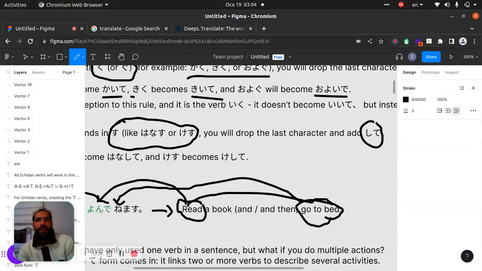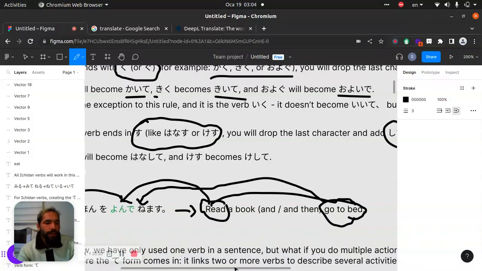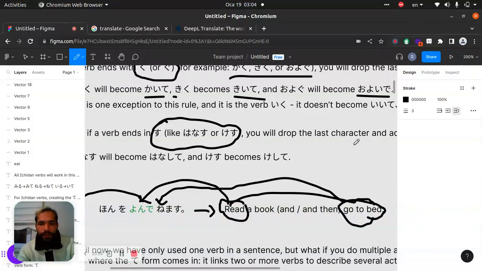So we learned we have tte, we have ite, we have nde, and we have shite, right? Ite, tte, nde, shite. Four ways we can use them in Godan, Ichidan, and irregular verbs.